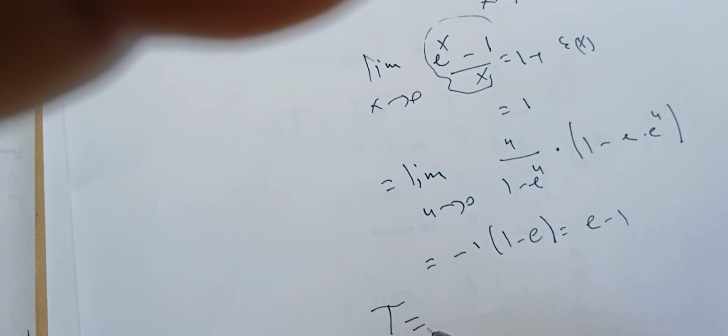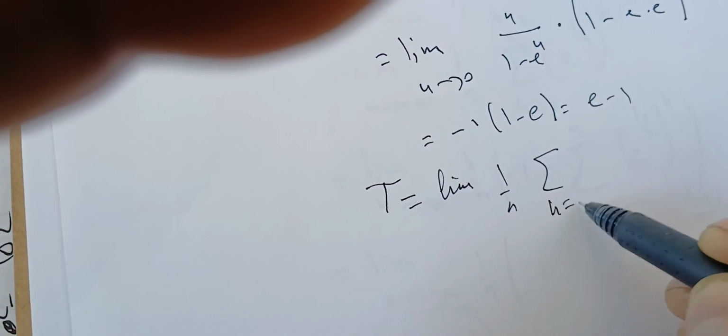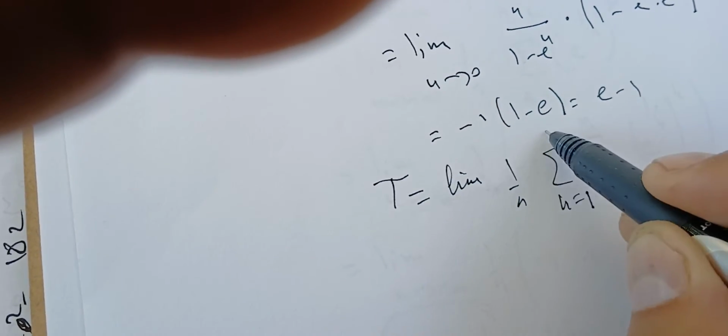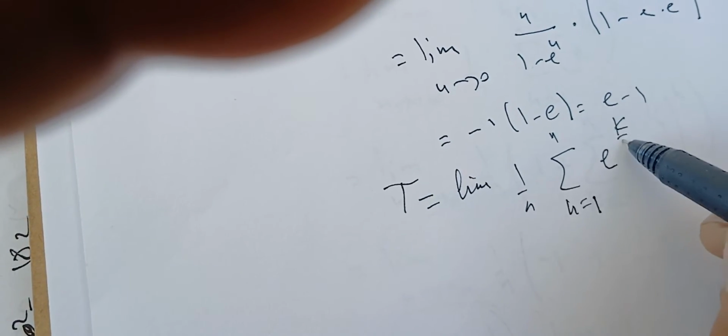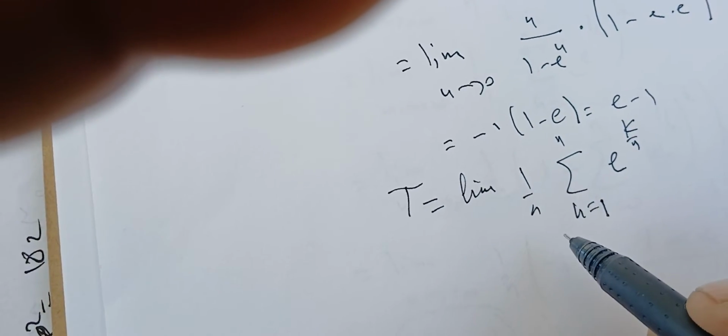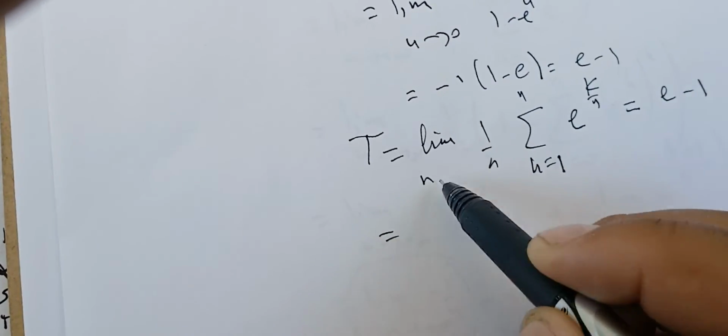And therefore, the limit of 1 over n sigma k from 1 to n of e to k over n is equal to the integral, which is equal to e minus 1.